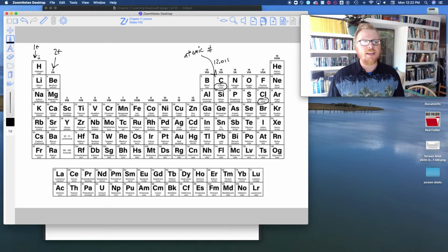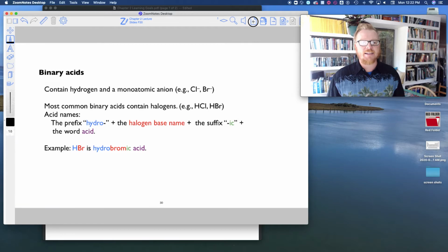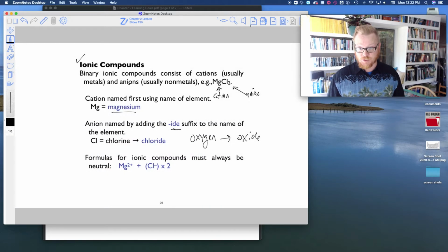There's going to be nothing in the formula that tells us about magnesium being +2. We just have to know that it's +2 from the periodic table. And we also know from the periodic table that the halogens are always -1. So there has to be, we'll say, 2 times 1 minus. It has to be neutral.